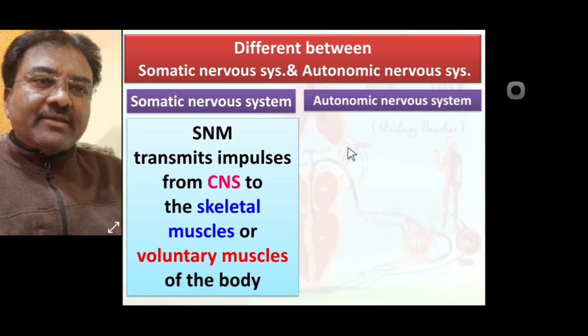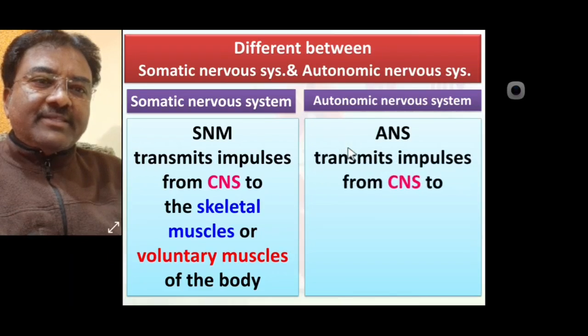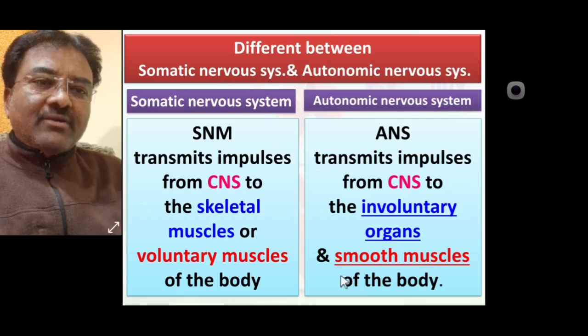What is the autonomic nervous system? The system that transmits impulses from the CNS to involuntary organs or smooth muscles of the body is called the ANS.